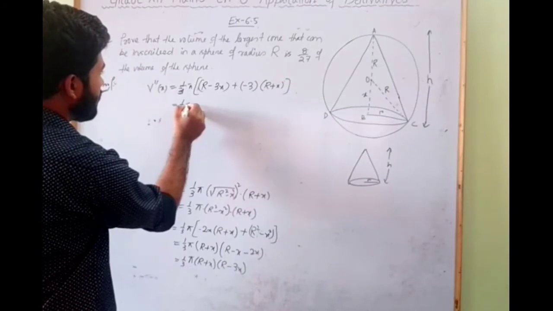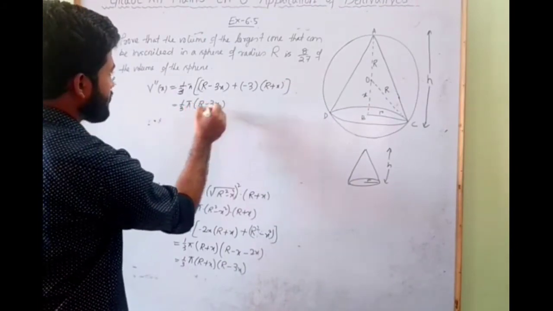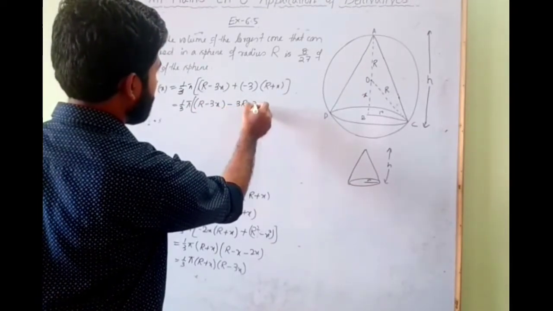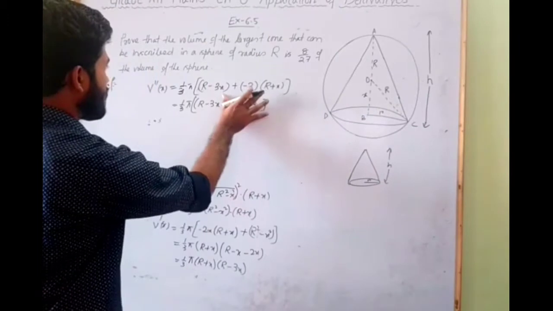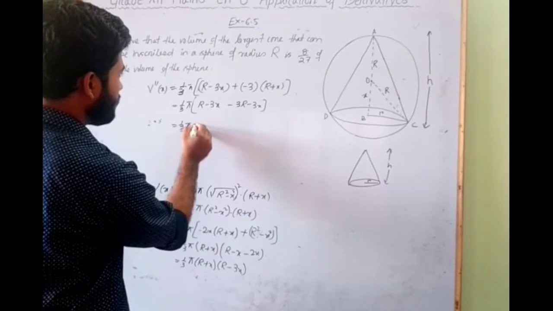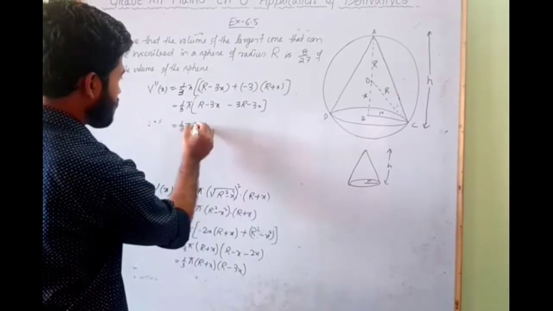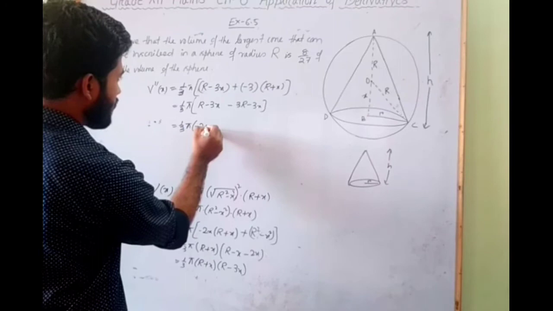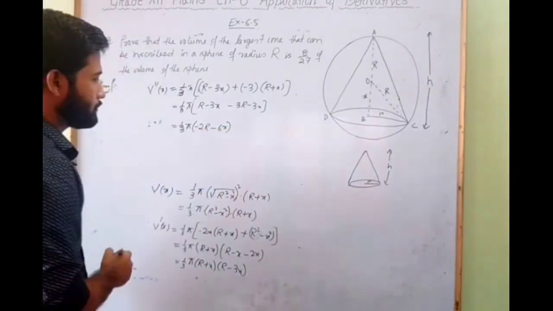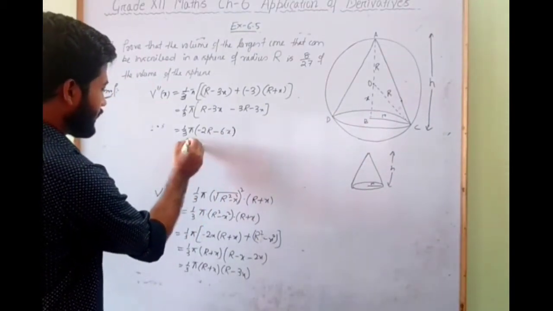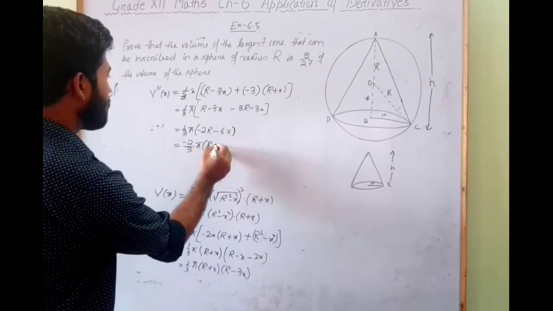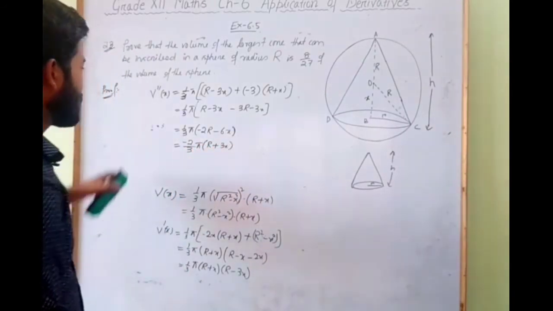So this will give us 1 by 3 pi into R minus thrice x minus thrice R minus thrice x. So this will give us R minus thrice x minus thrice R, which is minus twice R, and we shall have minus 6x here. So this is equal to, I can take the minus 2 common outside, minus 2 by 3 pi into R plus thrice x. So this is our second derivative.